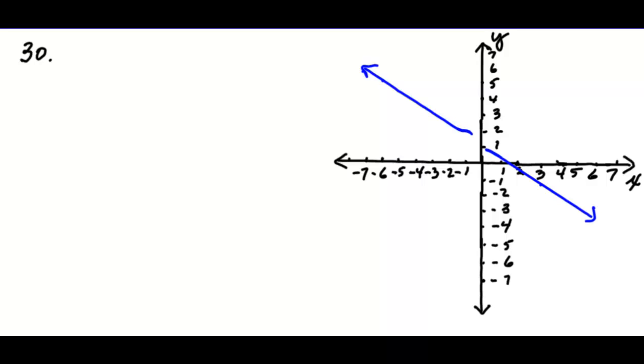What we have to do is look at that graph and say, what are those 2 points? The one that is above the x-axis and to the right of the y-axis, we count over 2 to the right and up 4. So that first point happens to be 2, 4.